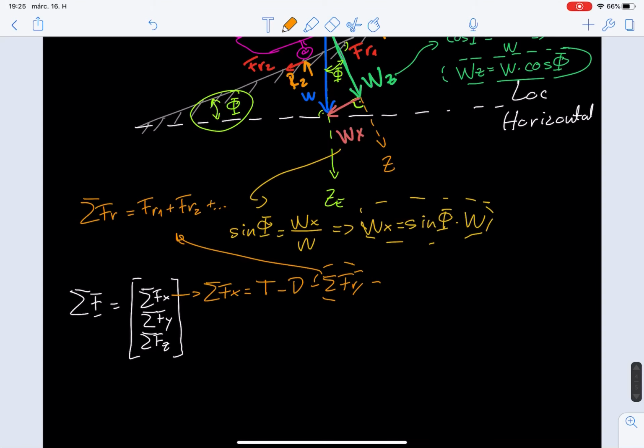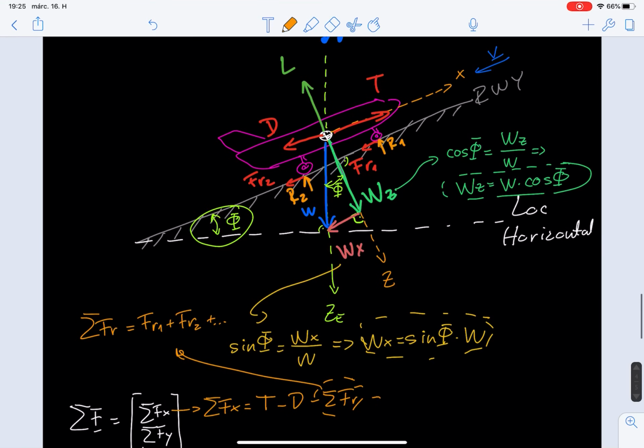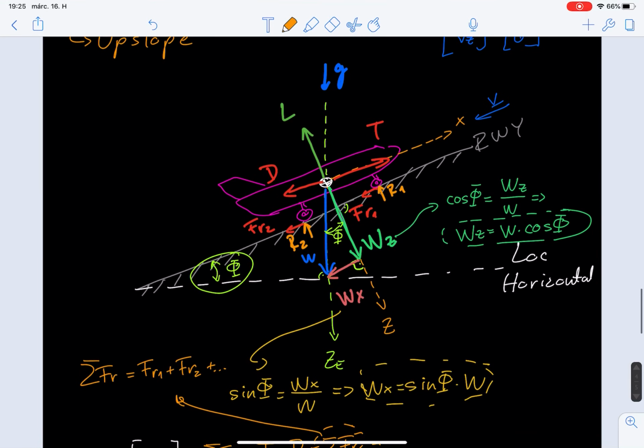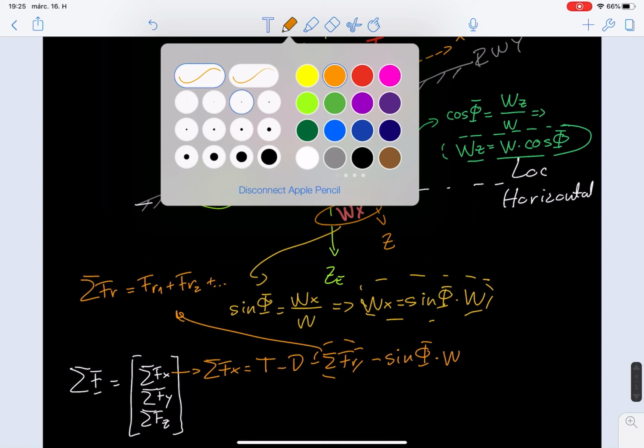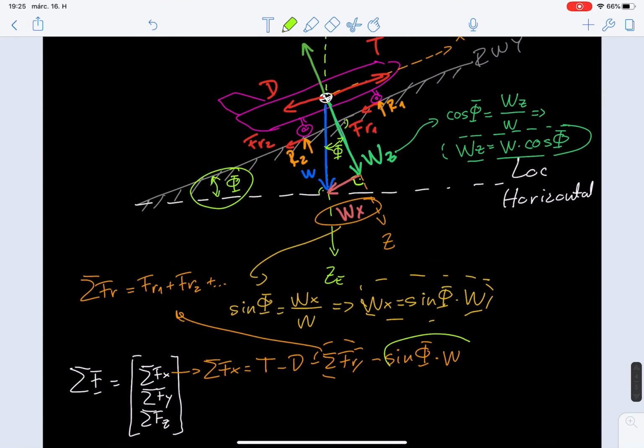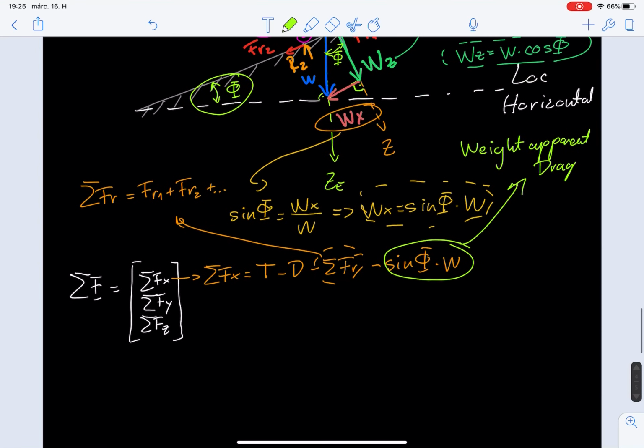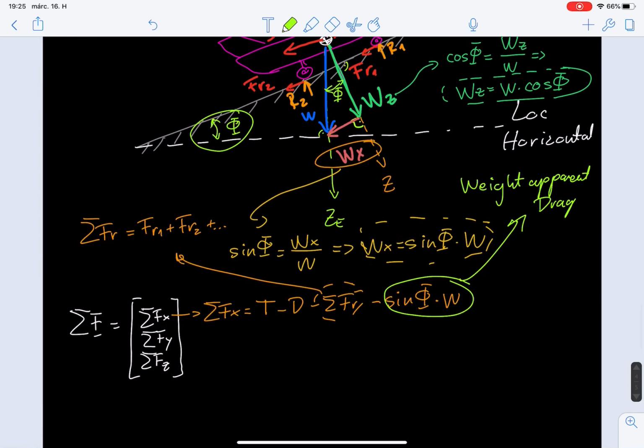Minus, and this is what's important, compared to the level runway condition, we also have this component: sine of phi times the weight of the aircraft. And if you remember how we call this component, we call this the weight apparent drag. And this is an extra component based on the previous ones.